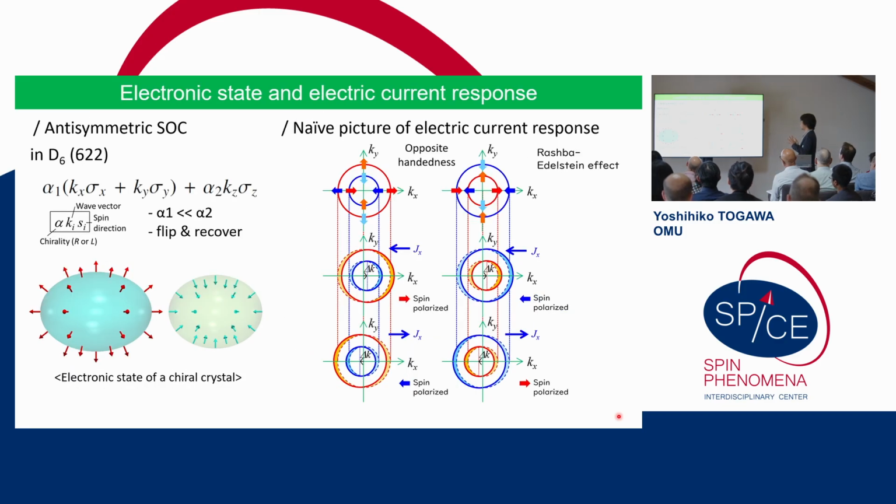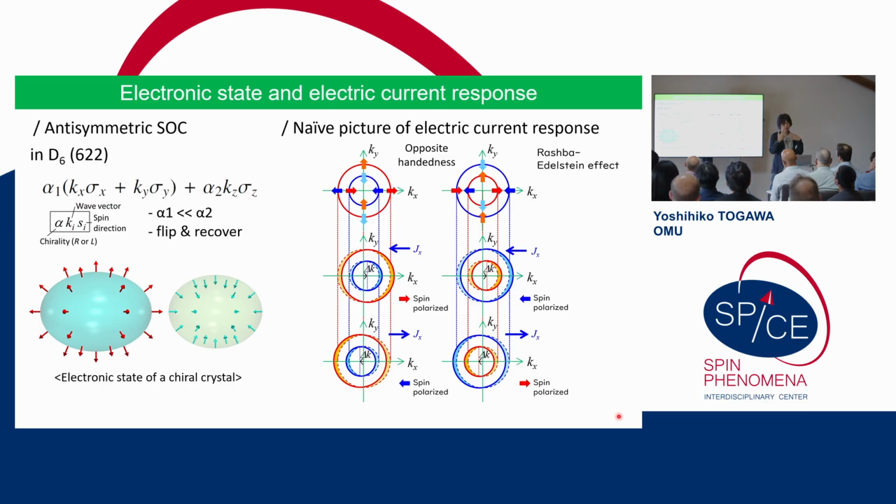Of course, this is a crystal, so it definitely has an electronic band structure. Also it's a chiral crystal, so it has an anti-symmetric spin-orbit coupling, which splits the electronic band structure. We can have spin-dependent electronic structures, Fermi surfaces.